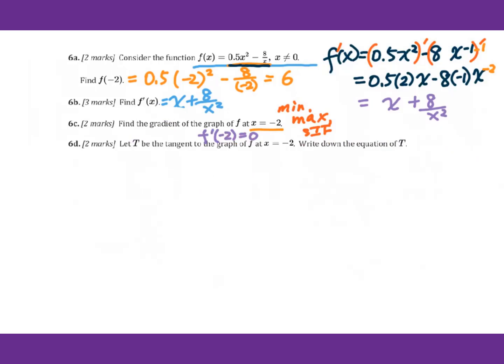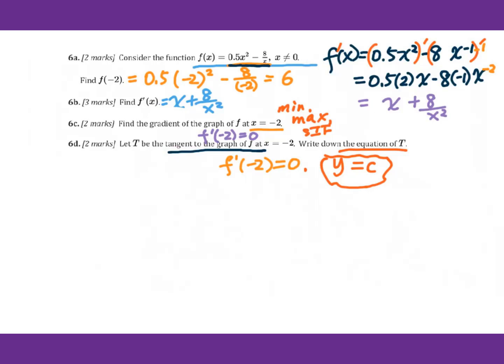6d. Let t be the tangent to the graph of f at x equals negative 2. Write down the equation of t. We already got f prime of negative 2 equals 0, which means the equation of the tangent line will be in the format y equals a constant number.